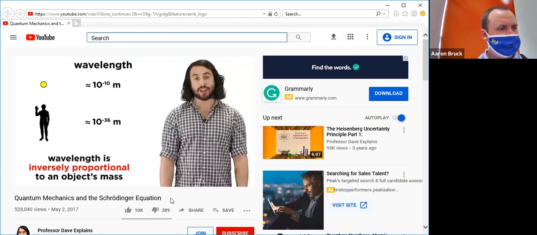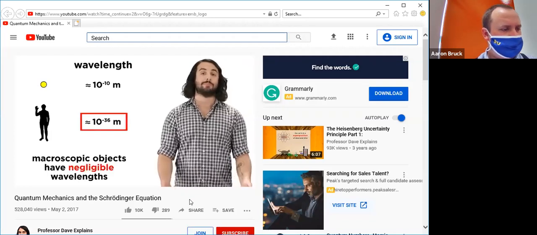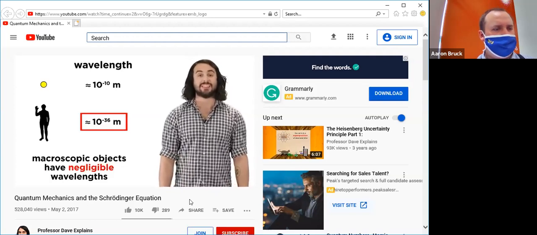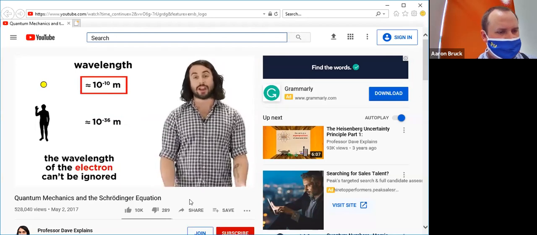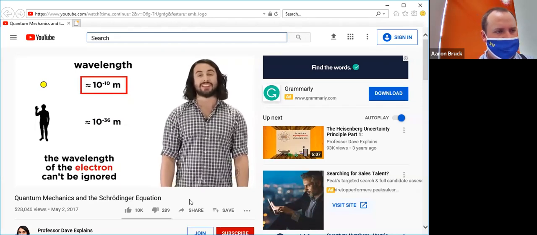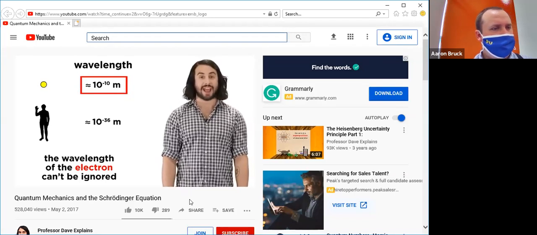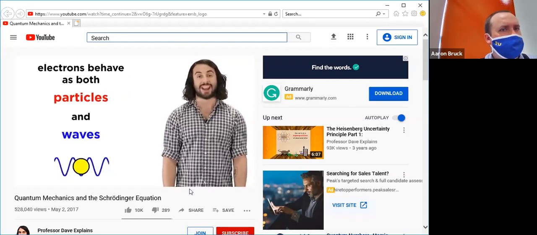However, an object's wavelength is inversely proportional to its mass. So objects bigger than a molecule have a wavelength that is so tiny that it is completely negligible. But an electron is incredibly small, so small that its wavelength is indeed relevant, being around the size of an atom. So we must view electrons as both particles and waves from now on.